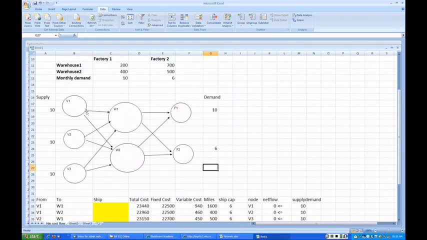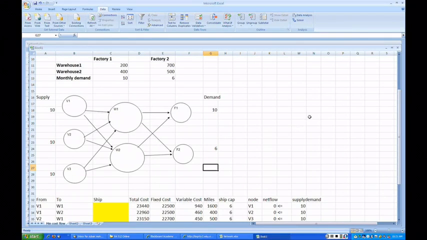So vendor 1 can send at most 6 units from V1 to W1, and at most 6 units from V1 to W2. If it ends up sending all 10, it will be a combination on these routes that sums to 10. But on each route it cannot supply more than 6. So we have the shipping limitations of 6 on each of those routes, as the problem states.